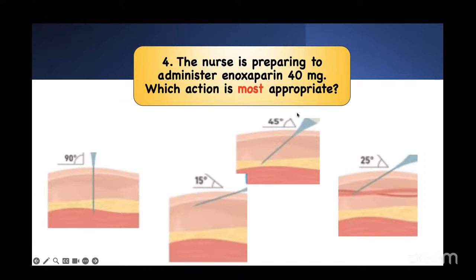So once again, a 2 centimeter pinch on the skin means you can grab the skin about 2 centimeters, then you can inject it at 45. If you cannot pinch 2 centimeters, then you have to inject it at 90 degrees. So for this one, 45 degrees is the best one because I did not give you the weight.